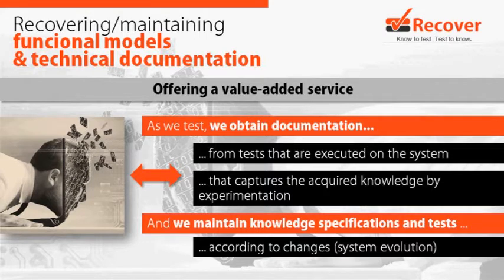So testers, testing people, are not only someone who is finding defects. We say that by finding defects, we are accumulating experience, we are accumulating knowledge about the system, and we also deliver the specification of this knowledge.